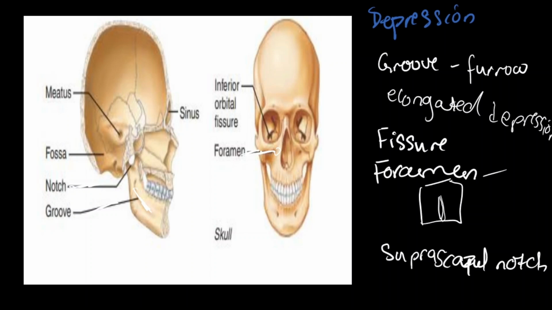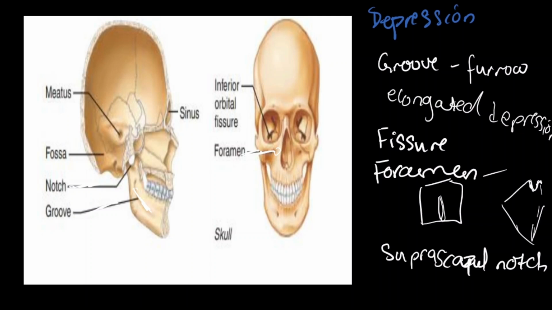It's an indentation at the edge of a bone. If we have the scapula like this, the scapula is a triangular flat bone. Just at the edge, we have a notch. This notch is called the suprascapular notch, and as we would go on to see, this suprascapular notch provides a passage.